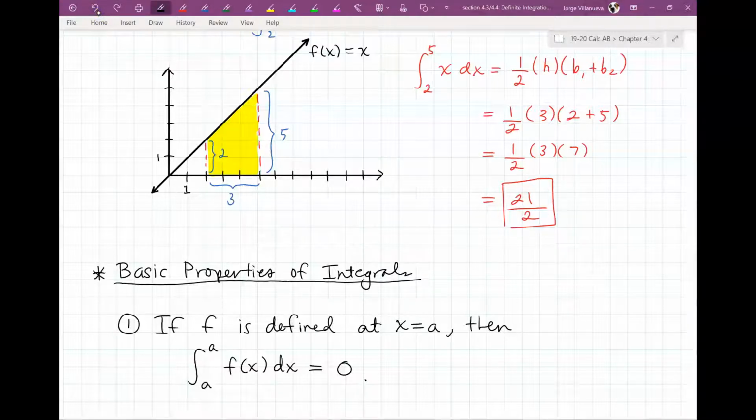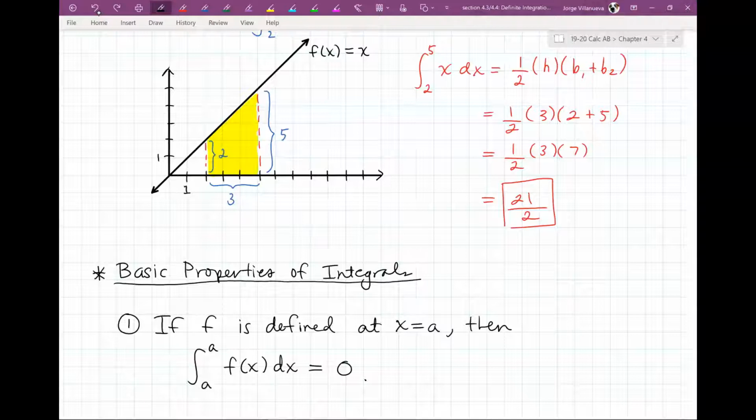If I drew everything the same, but I said from x equal to 2 to x equal to 2, it's just a straight line, right? And does a straight line, vertical line, have any area? No. So that makes sense. If you're integrating from a to a, or from 2 to 2, or from 5 to 5, or 7 to 7, or -3 to -3, the area is a vertical line which has no area.